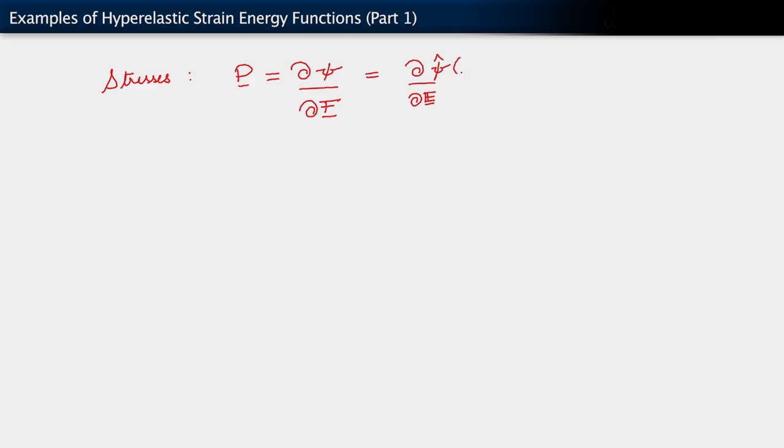Psi hat, which depends upon E, contracted with the derivative of E with respect to F. Okay?